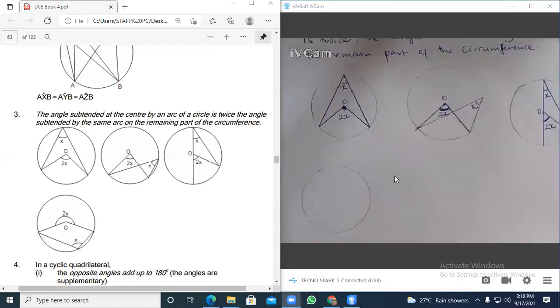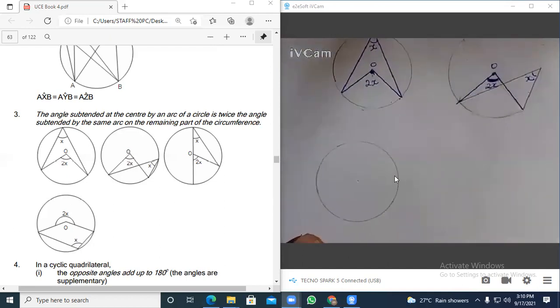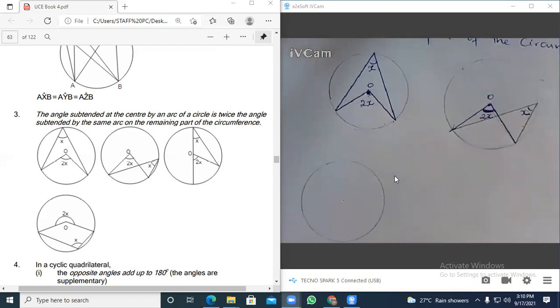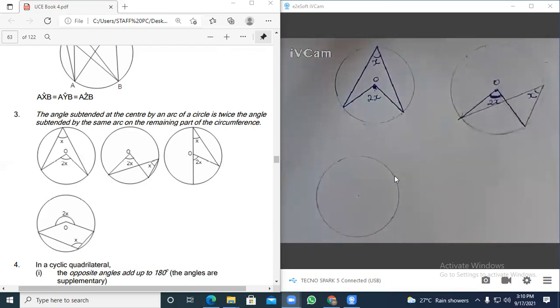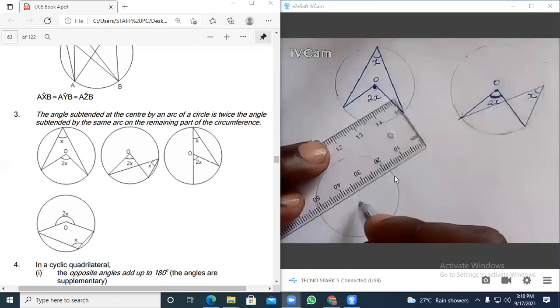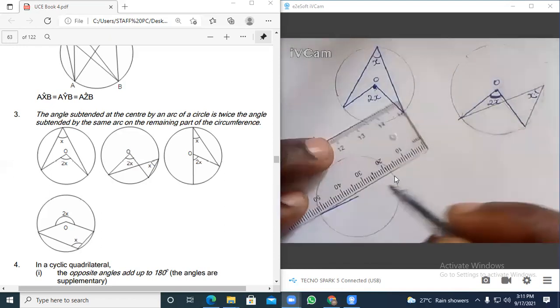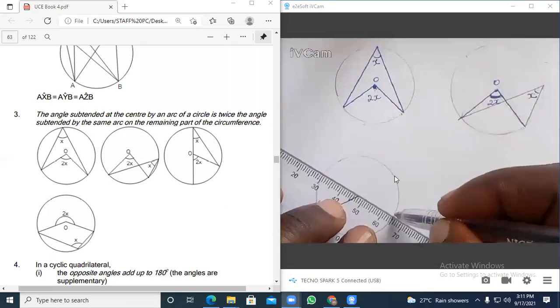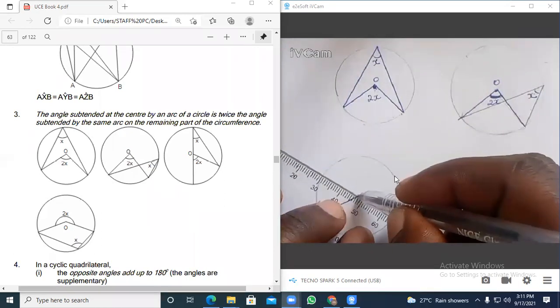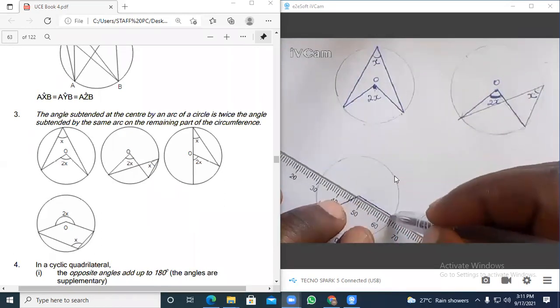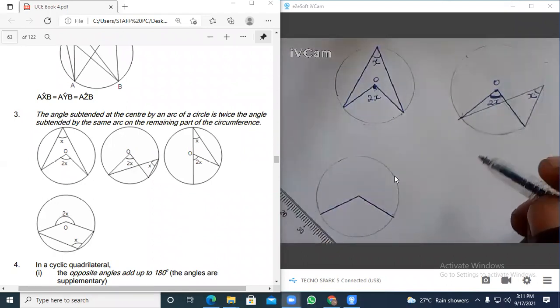I zoom in so that when I draw, you can see. All right, we have that.